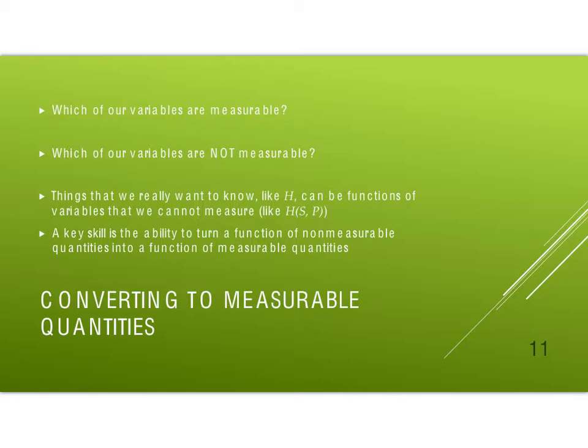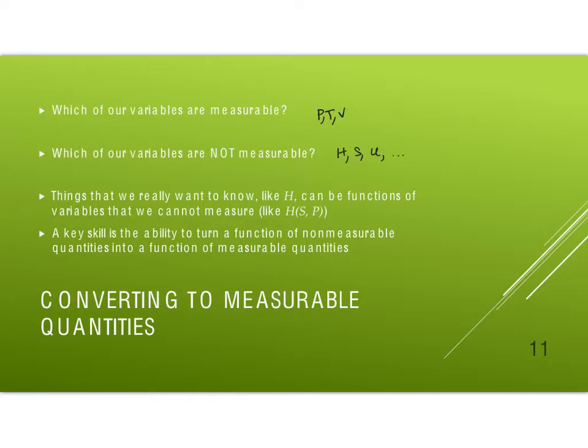But internal energy, enthalpy, I've got a whole bunch of these things that I really don't know how to measure, okay? And worse than that, if I have something like H, it's a function of S and P, well, I can measure the P, but I can't measure the H, and I can't measure the S, and if it's a function of it, how can I go any further?